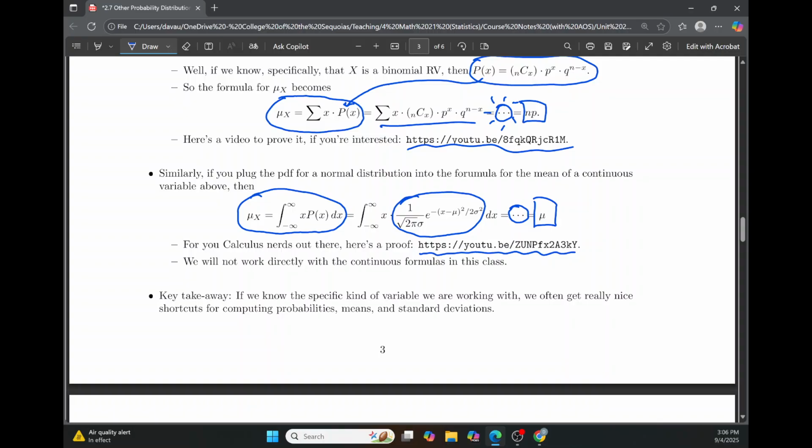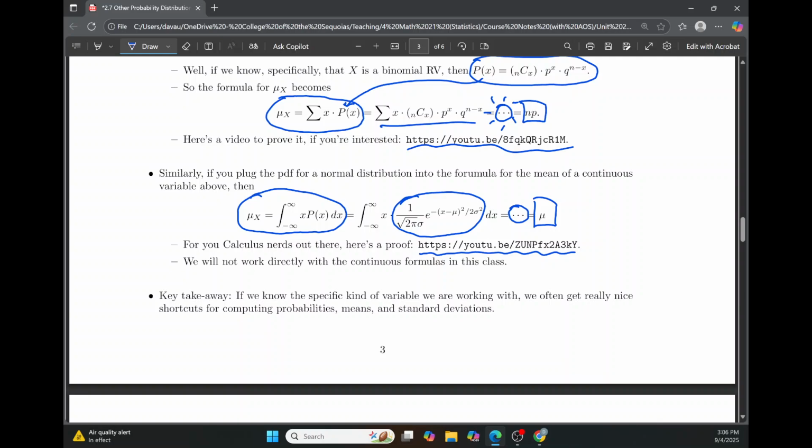But here's the key takeaway. If we know the specific kind of variable we're working with, then we get really nice shortcuts for computing probabilities, means, and standard deviations. So it's worthwhile for us to try to classify some of the different kinds of variables that we could encounter so that we have shortcuts for doing computations.